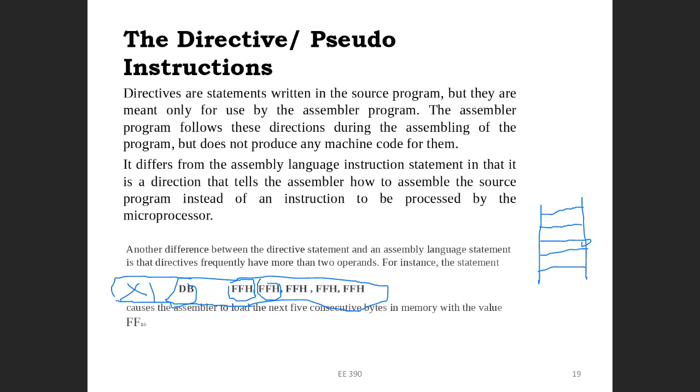So for example, this one is E, and FF, then FF, and then one more FF.